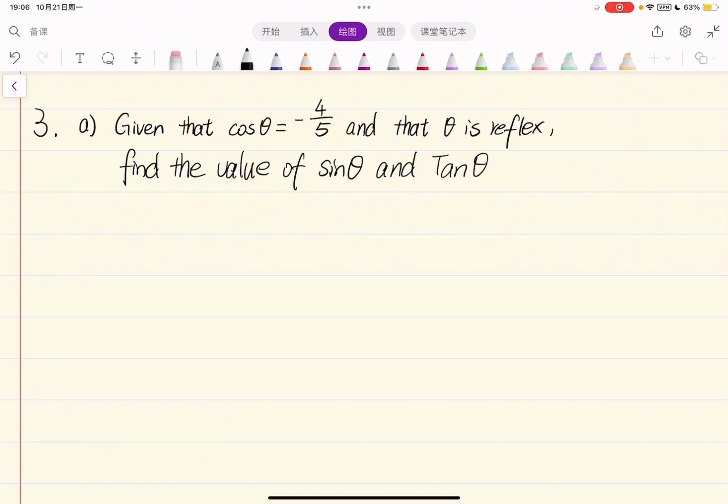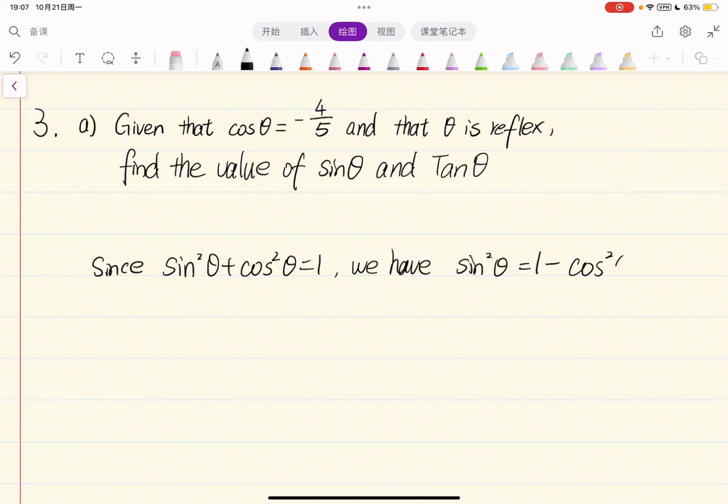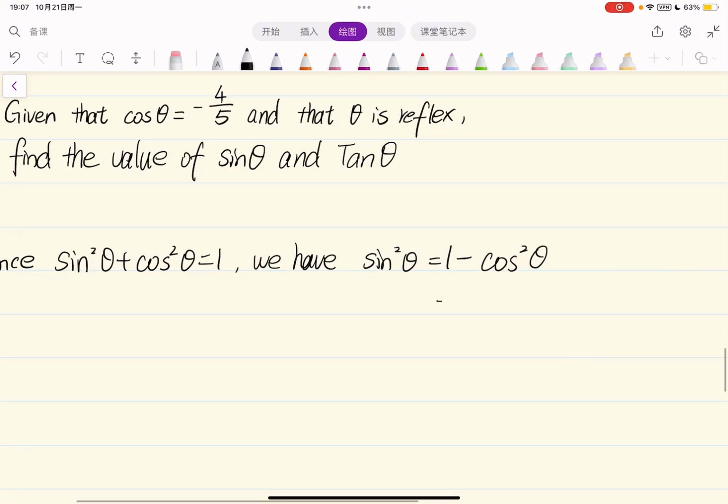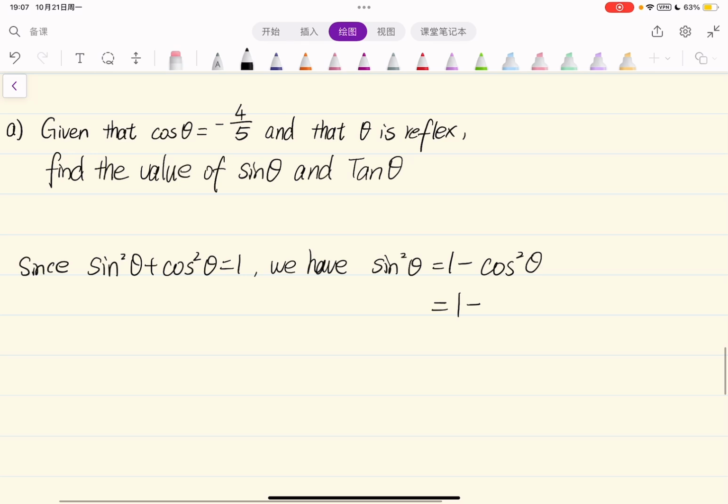So we know that, since we have the trigonometric identity that sine squared theta plus cosine squared theta equals 1, we have that sine squared theta equals 1 minus cosine squared theta. That equals 1 minus (4 over 5) squared, equals 1 minus 16 over 25, equals 9 over 25.